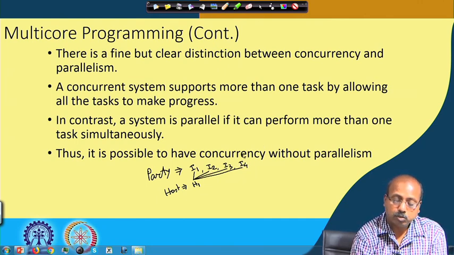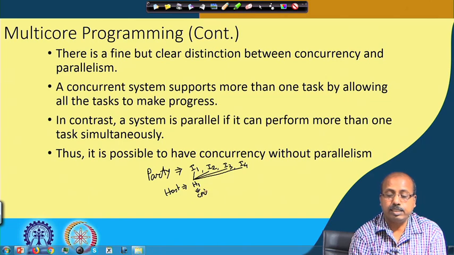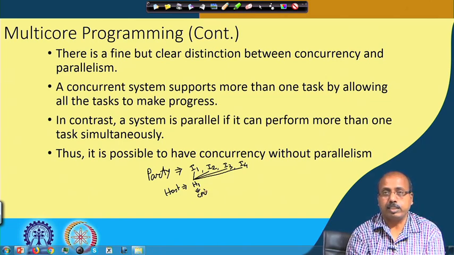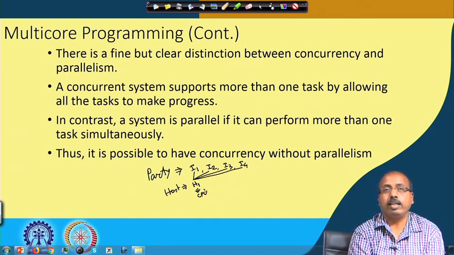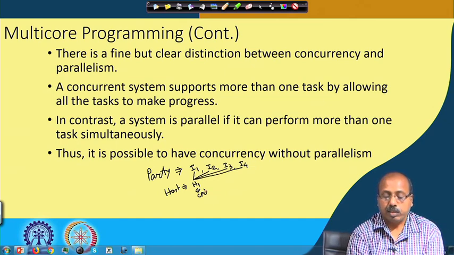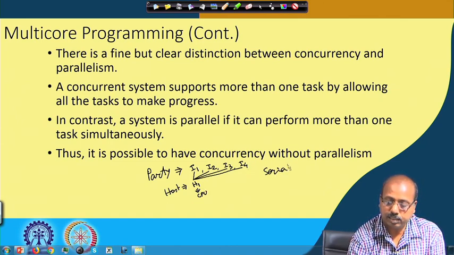This host is basically the CPU or the server that you have. It is a purely sequential process that is going on. The individual invitees are attended one by one, which is a serial type of attention.